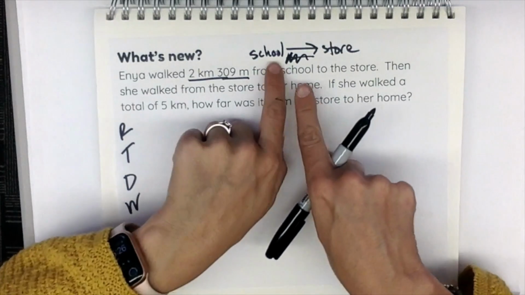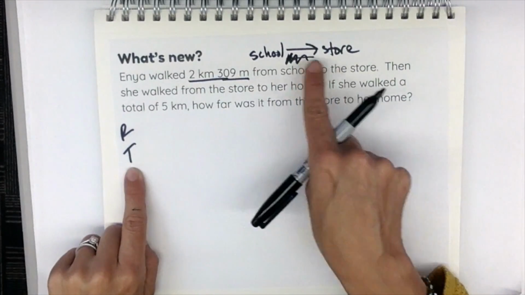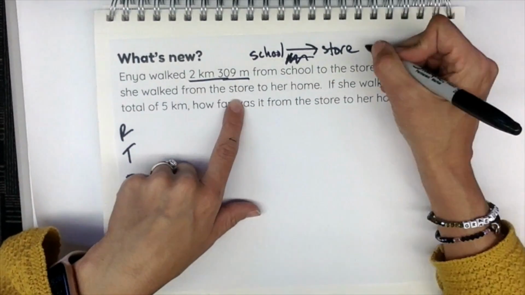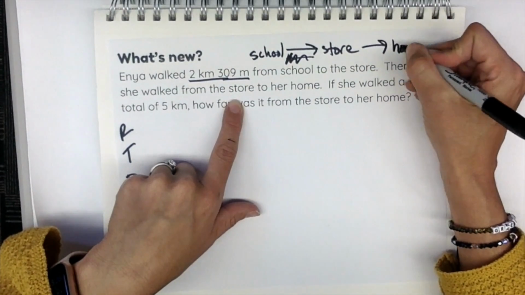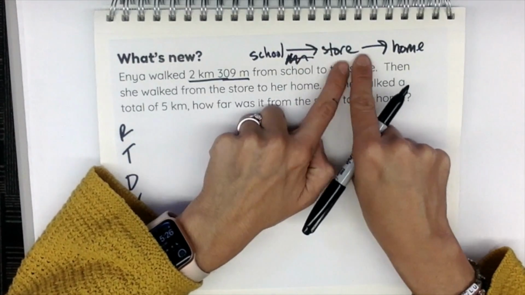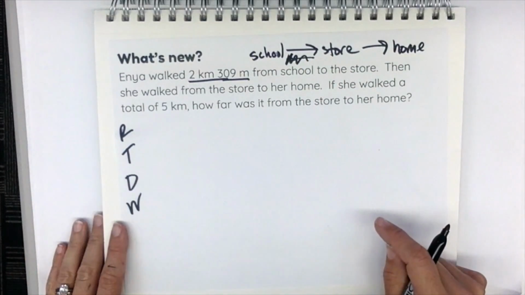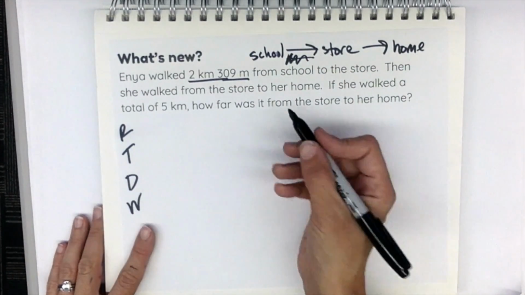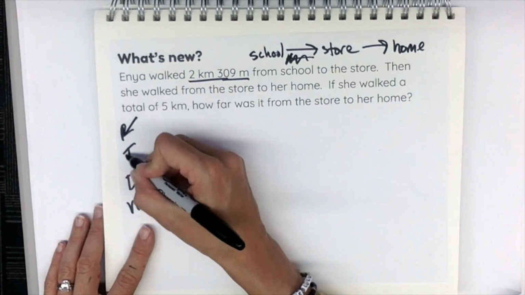So she walked from the school to the store. I have to think about it. School to the store, then she walked from the store to her home. So these distances might not be the same amount because she wasn't going back and forth. Okay, so we read and we're thinking about it.